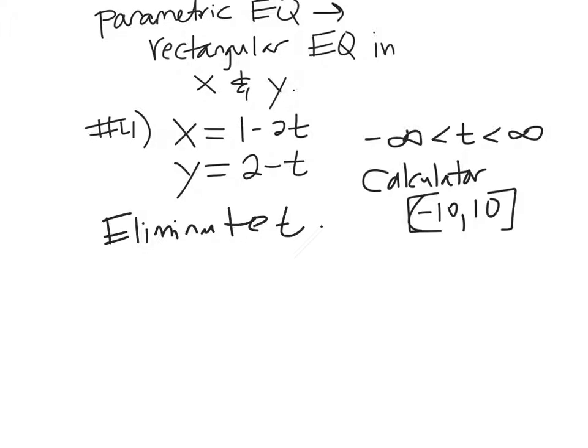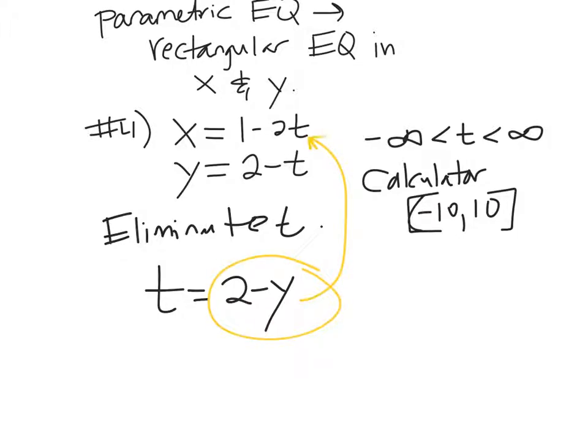Usually it'd be the easier one. So we could solve for y. Then t would equal 2 minus y. All I did was add t to this side and subtract y from the other side. And now I'm going to plug that in for t there.